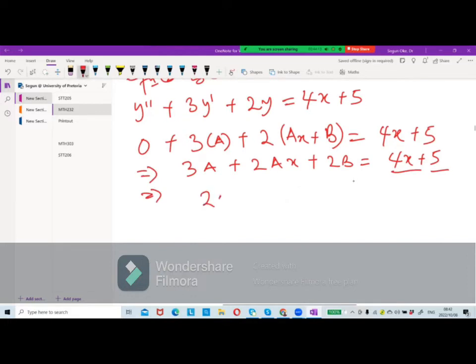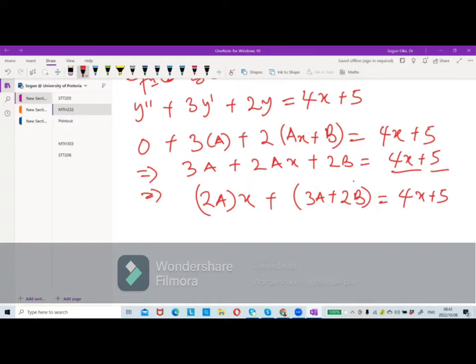We have 2a in bracket x plus 3a plus 2b. Are you getting what I'm doing now? Everything equals 4x plus 5. So the one with x will now be 2a equals 4. Do you agree with me?